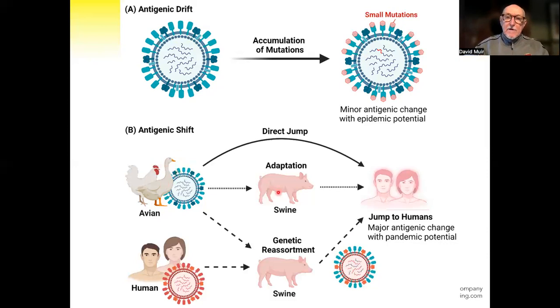There is another reservoir, and that is pigs. Pigs are particularly important because they act as a mixing vessel. They can acquire virus both from birds and from human beings. So we have a situation now. Let's just look at the birds. We have a situation here where they have their own influenzas that circulate through the bird populations, acquiring mutational changes, etc., from year to year.